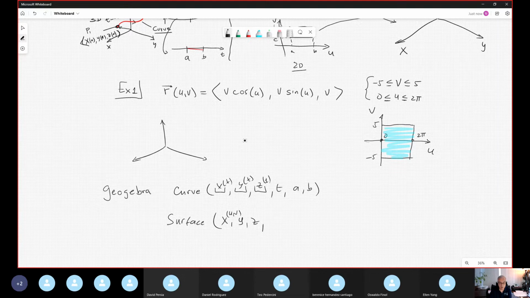You declare the first parameter u, which in this case is this guy, and the range 0 to pi, comma, and the second parameter b, you declare the name inside the equation, comma, -5 to +5. Bam!